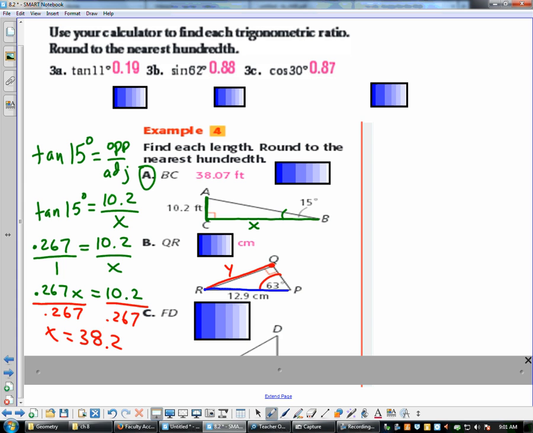Is that the adjacent leg or the hypotenuse? Which trig function involves opposite, which is Y, and hypotenuse, which is the 12.9? Sine. So the sine of 63 degrees is equal to what over what? What am I writing for my equation?